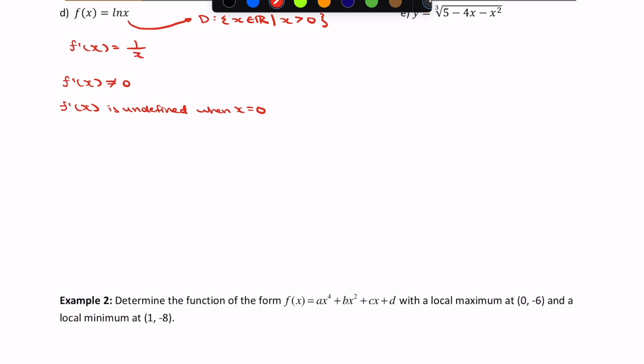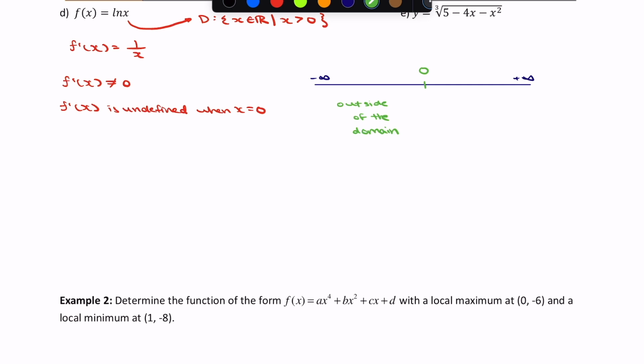So if we use a point here, if we draw a number line from negative infinity to positive infinity, and we have this value of 0, what we notice is that, again, in our domain, from negative infinity to 0, this is outside of the domain. But we can test what happens from 0 to positive infinity.